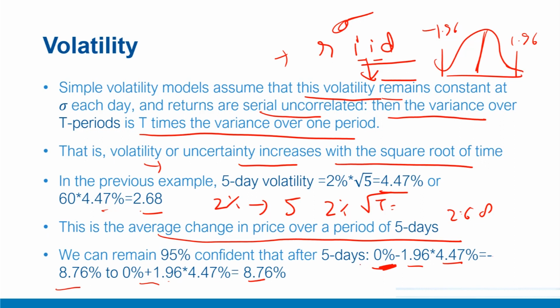Earlier it was minus. So now if I want to know the movement in price, it will be simply 60 times (1 minus 8.76%), and the upper level would be 60 times (1 plus 8.76%). This would be my price band over a 5-day period, with an expected up and down movement in return of 8.76% at a 95% confidence level.